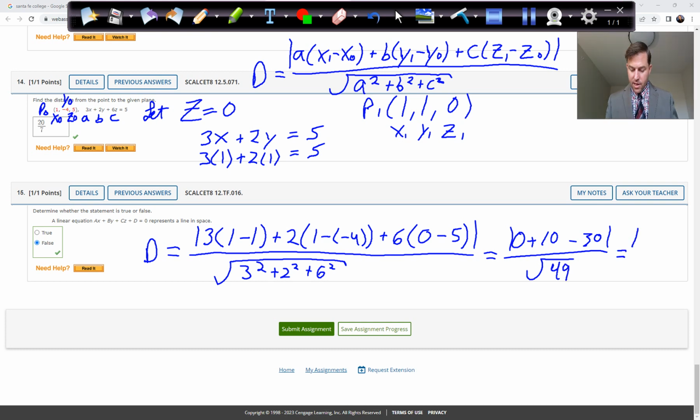So on top, we get 10 minus 30 is negative 20, but it's absolute valued, and divided by the square root of 49 is 7. The absolute value of minus 20 is positive 20, and the denominator is 7. They do not simplify. The answer is 20 over 7. So that would be the distance from that point they gave us to the plane 3x plus 2y plus 6z equal 5. And that's problem 14.